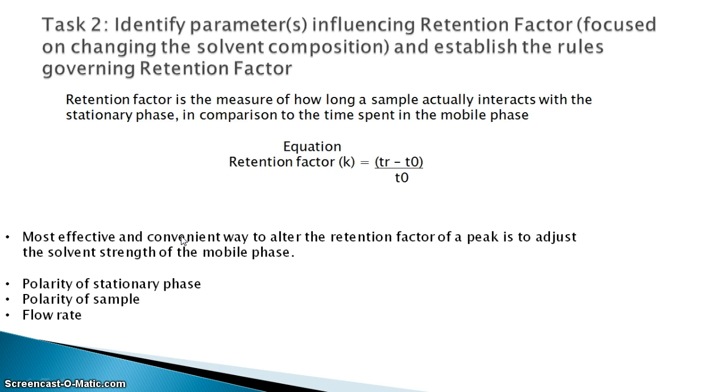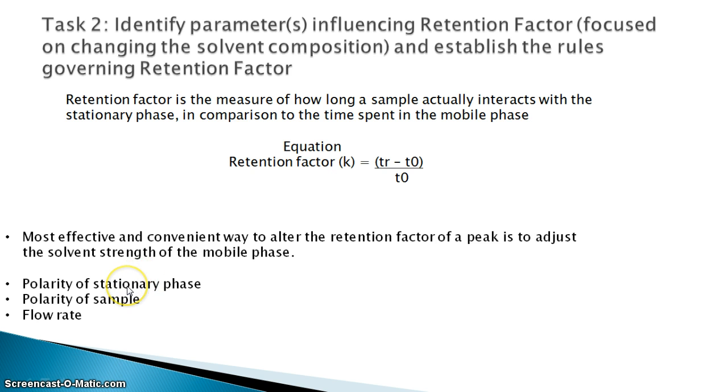The most effective and convenient way to alter the retention factor of a peak is to adjust the solvent strength of the mobile phase. So you can make the mobile phase extremely polar, and this will affect the retention factor. You can also change the polarity of the stationary phase.